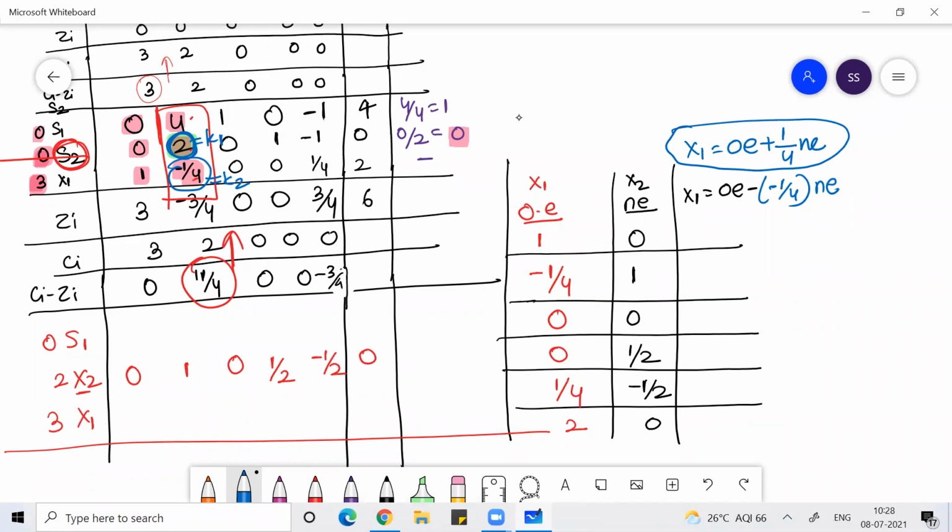Clear, everyone? So this would be 1 minus 1 by 4 into 0. This would be 1. This would be minus 1 by 4 minus 1 by 4 into 1. This would be 0.